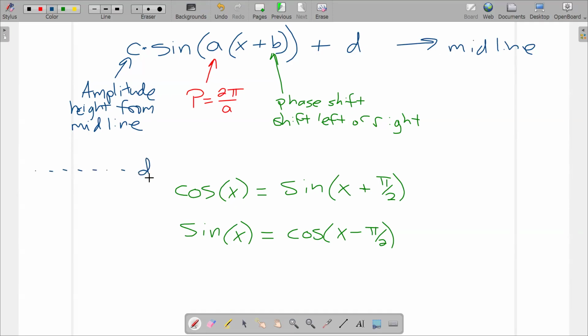So whatever d is, if I'm using a sine, and this is the y-axis there, d is the midline, and the amplitude is the distance from the midline to the peak, or that amplitude is the distance from the midline to the minimum.